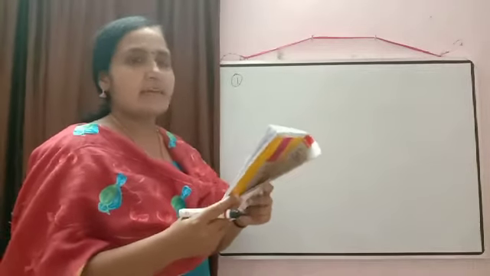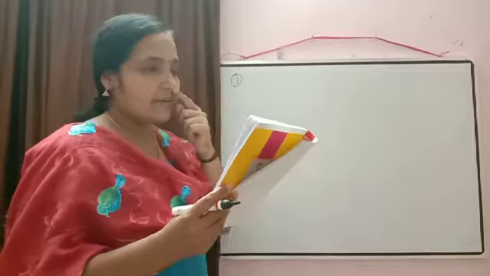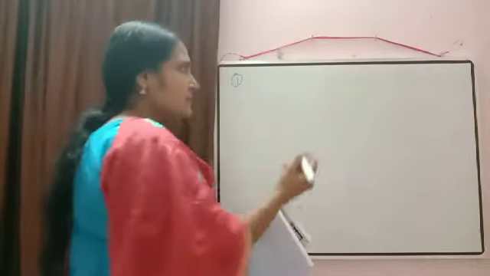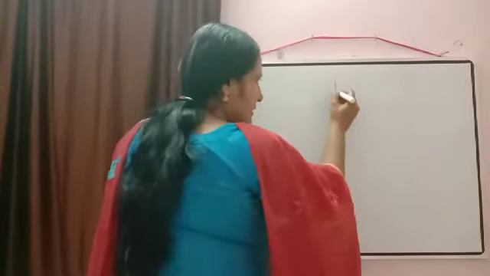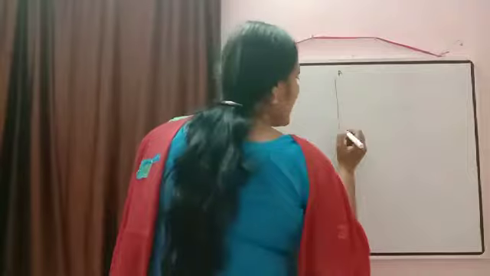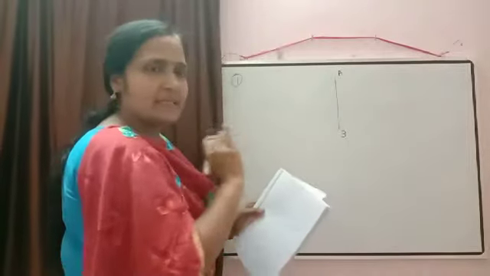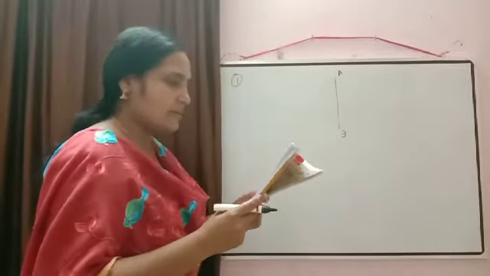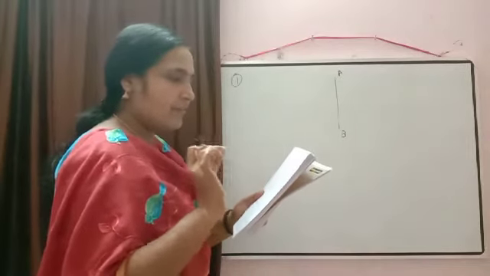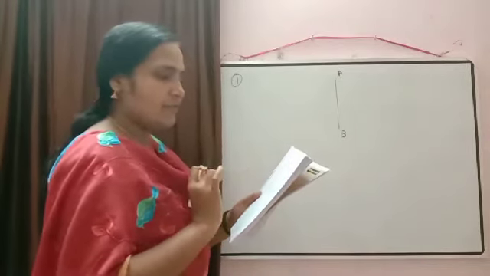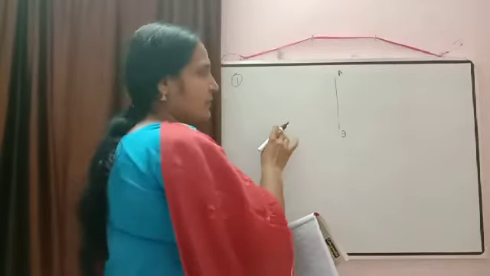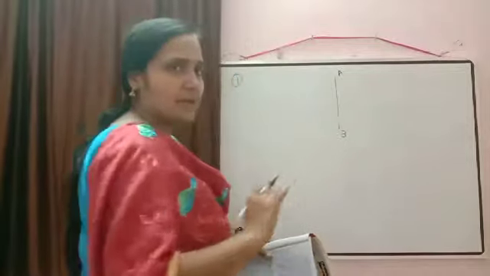So as you can check, the first question is, a tower stands vertically on the ground. Suppose we have taken AB as a tower which stands vertically on the ground. From a point on the ground which is 15 meter away from the foot of the tower. Either you can draw this side or this side, that depends on you.